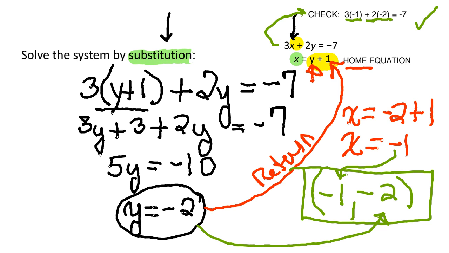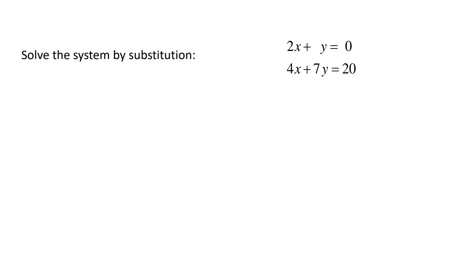Let's try this one. Okay, this is getting more interesting. If I look at either the A equation or the B equation, I do not have a variable by itself. Well, if you look at the top equation, this y has a positive 1 coefficient.